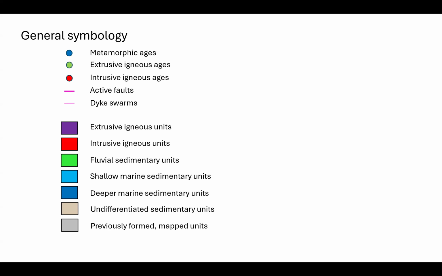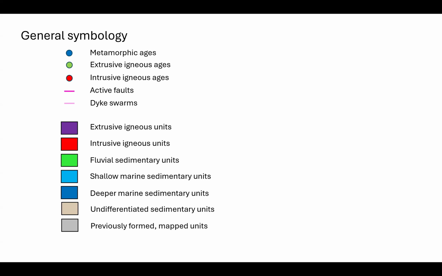Extrusive igneous rocks in purple, the polygons from the GIS maps, red for intrusive, fluvial green, marine in blue, getting darker in general with deeper. If one can't distinguish what the nature of the sediments are, then it comes up as a browny peachy color.